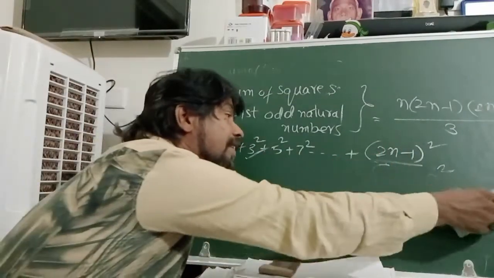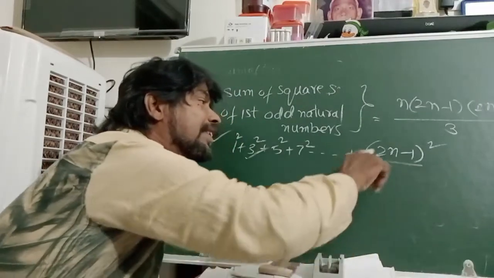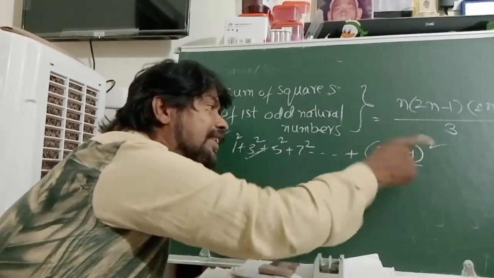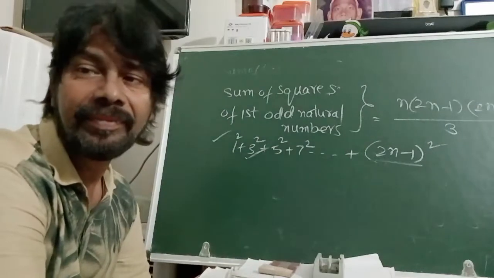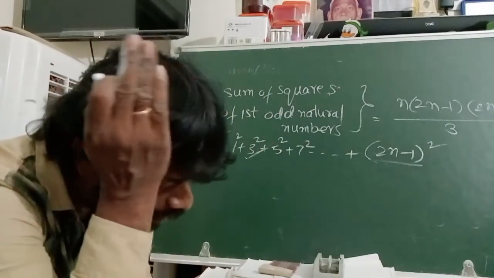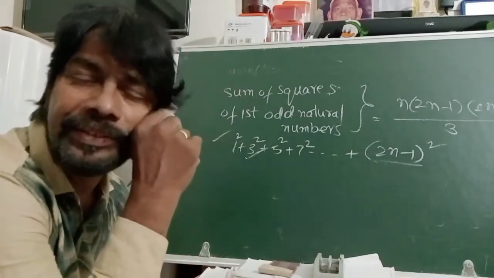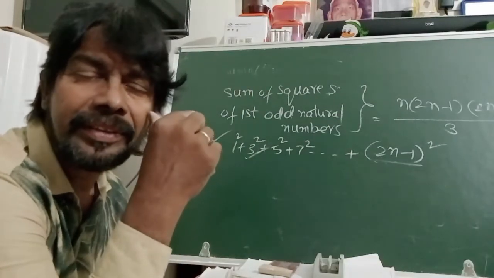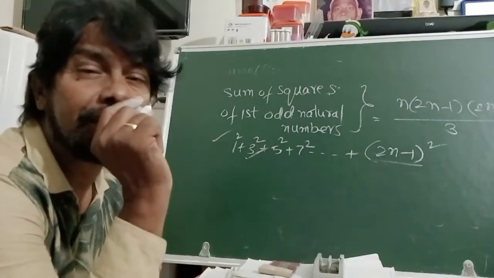To remember it: 2n minus 1 into 2n plus 1, and n is always there. Look at the first formula: n into n plus 1 by 2 is the sum of the first n natural numbers.